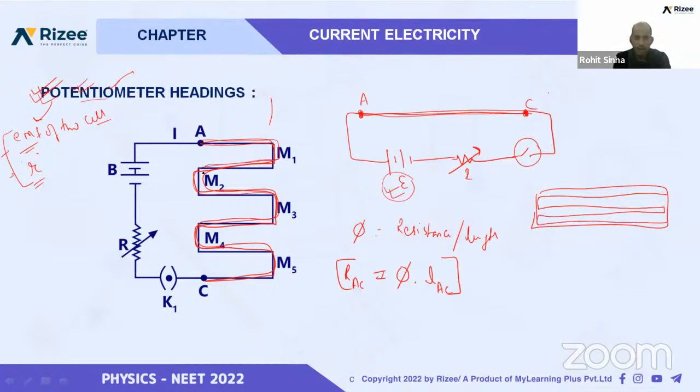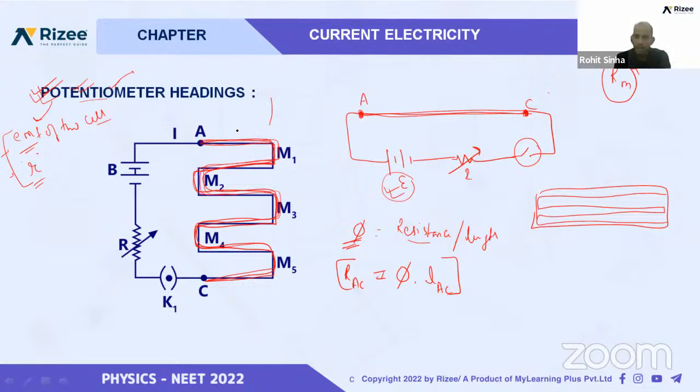In this wire A to C there is one term defined as phi. Earlier we called it RM in the meter bridge; here we call it phi. Phi is resistance per unit length, defined for this standard wire.